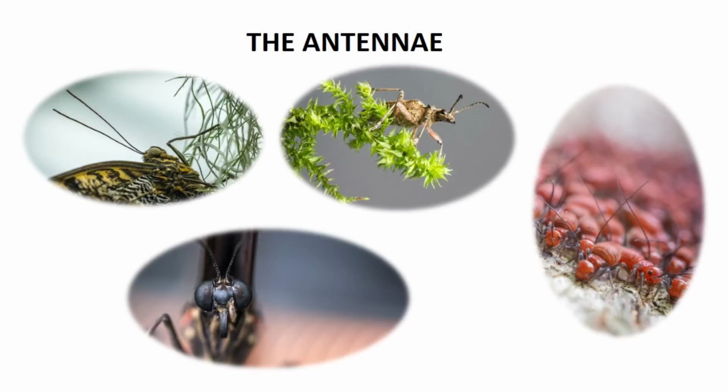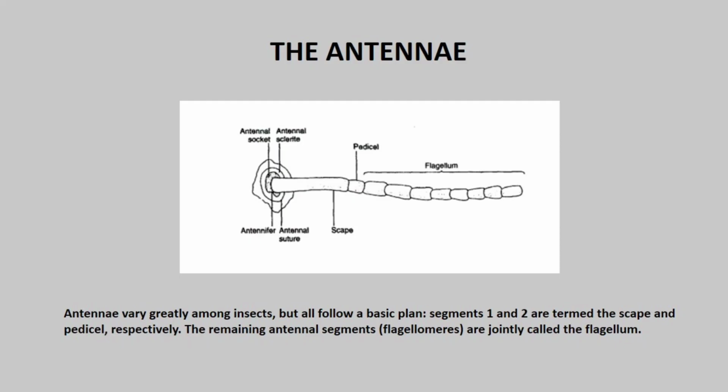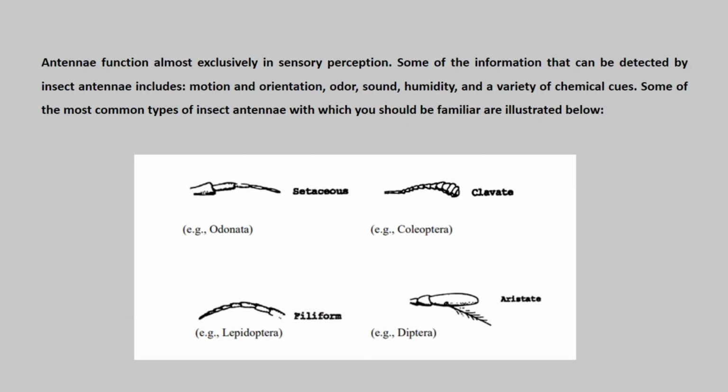The antennae. Antennae vary greatly among insects, but all follow a basic plan. Segments 1 and 2 are termed the scape and pedicel, respectively. The remaining antennal segments, flagellomeres, are jointly called the flagellum. Antennae function almost exclusively in sensory perception.